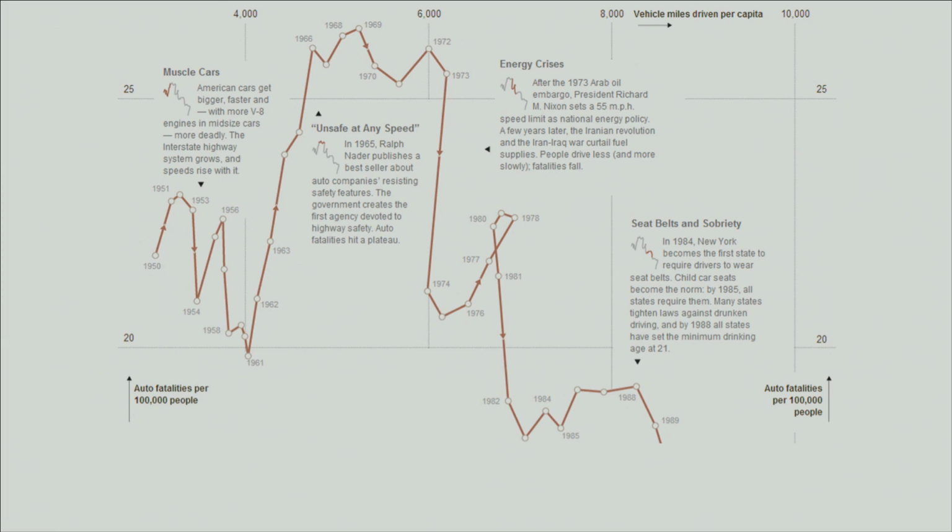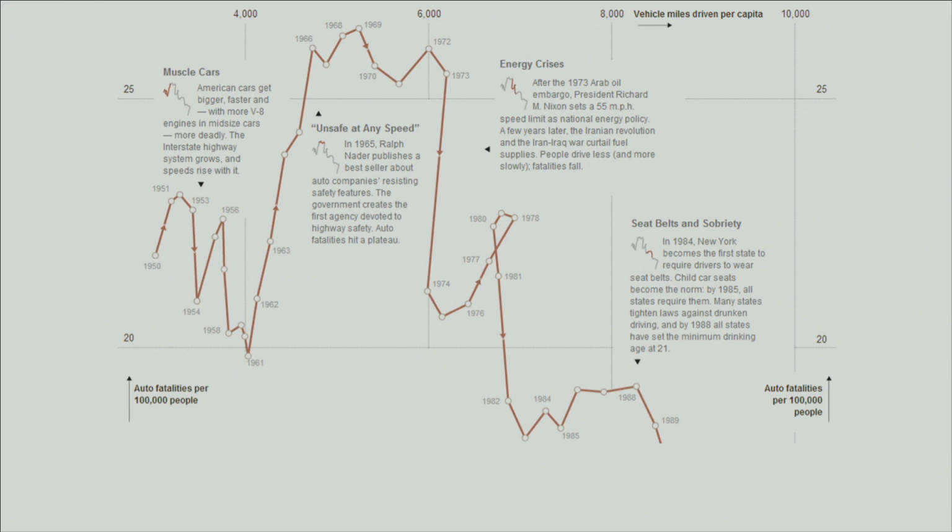You might wonder, how is this possible? And then you remember it's a scatter plot, it's not a line chart. So time actually goes along the line. And again, the vertical axis is car fatalities, horizontal is number of miles driven. So if those two change at the same time or with some delay, you can get a loop. And the whole thing is annotated, as you can see.